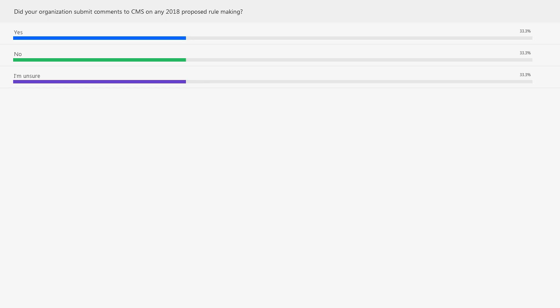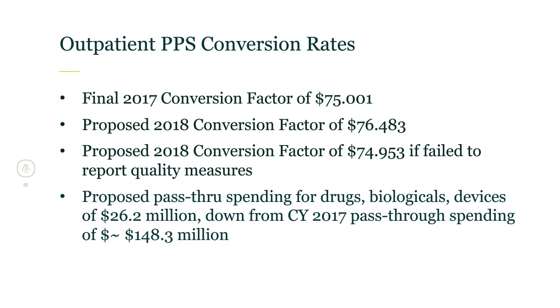So as we transition over to OPPS, similar to the base DRGs, we have a base conversion factor for OPPS. The proposed amount for 2018 at this point is $76 and about 48 cents, compared to just about $75 that's currently in effect for 2017.